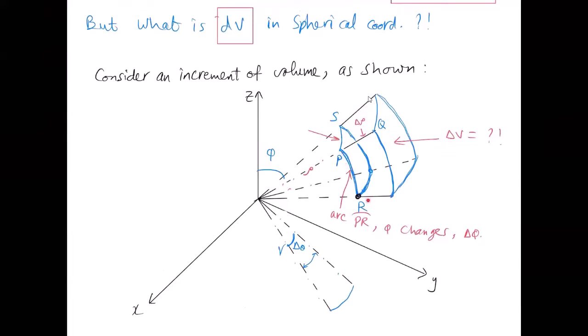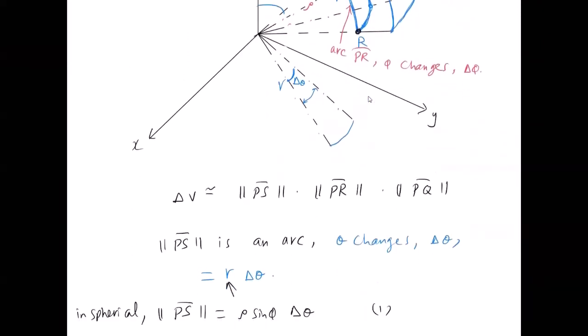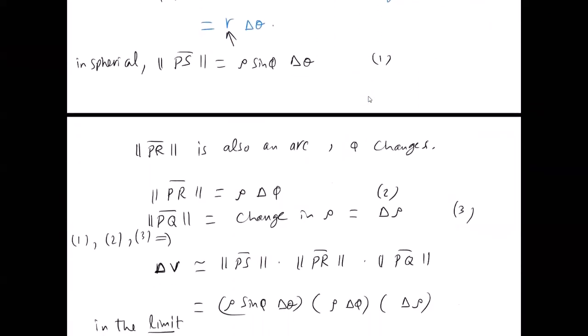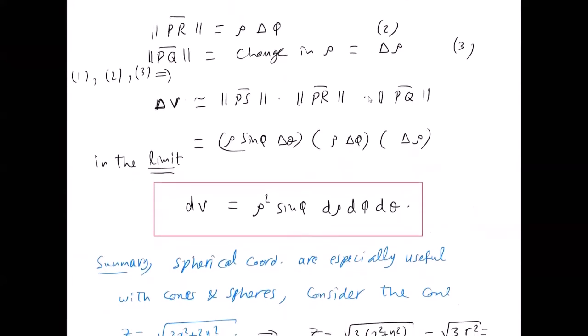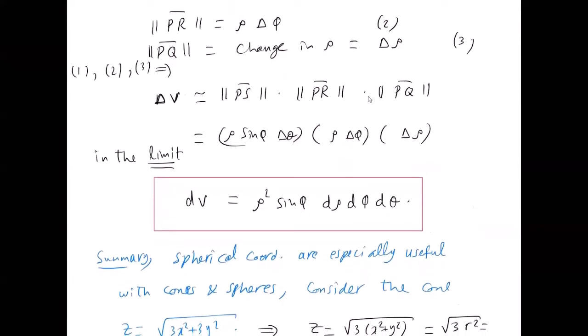Multiplying all of these sides, we get the volume of this element, which will be in the form rho square sine phi d rho d phi d theta.